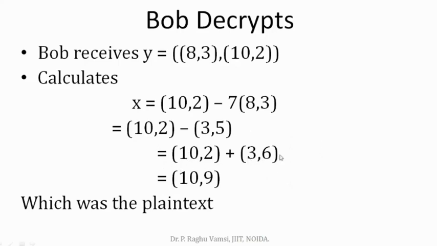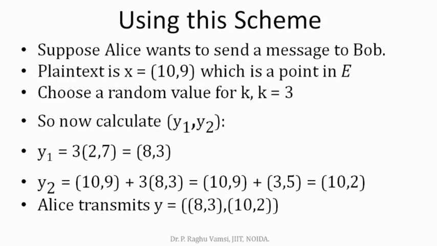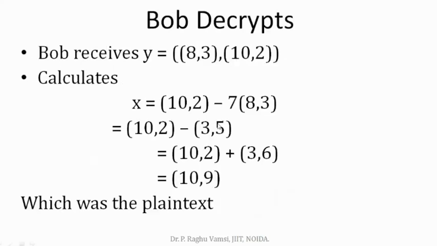By applying that, we will get 10 comma 9 as the resultant. What is this 10 comma 9? It is the same 10 comma 9 that we sent from the sender, which was the plain text. So this is the way encryption and decryption are done in elliptic curve cryptography.